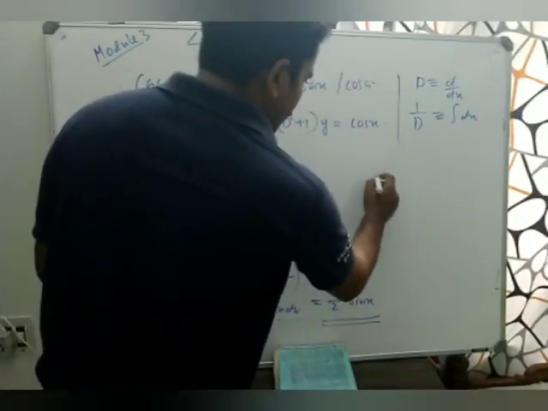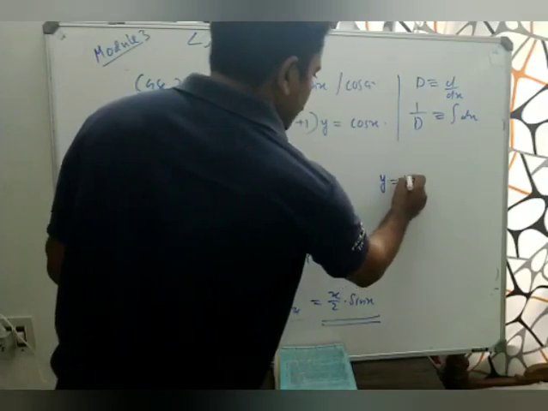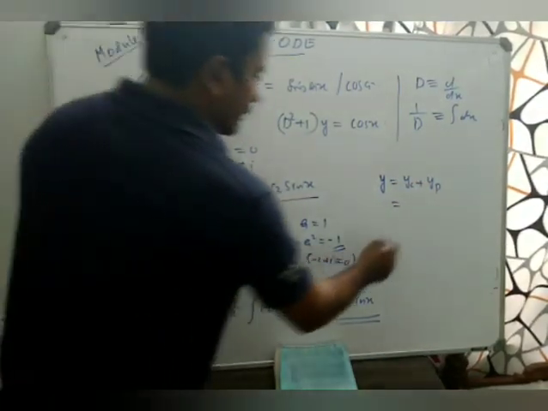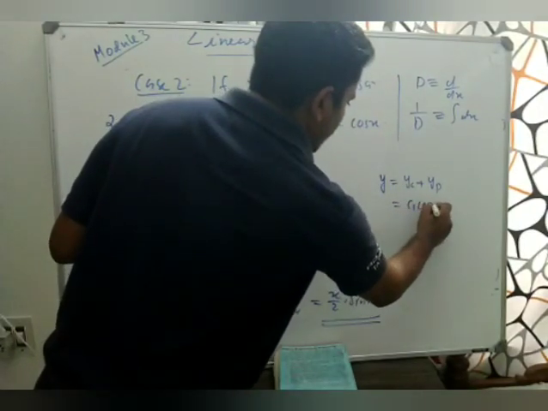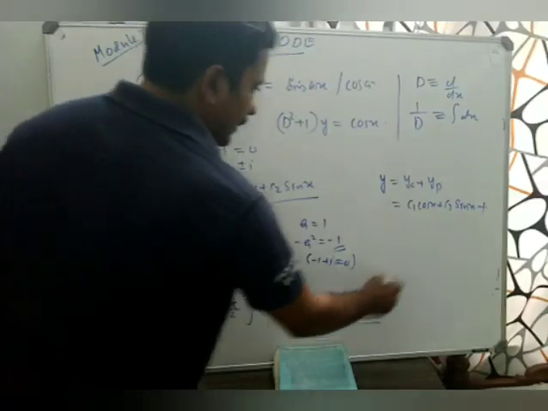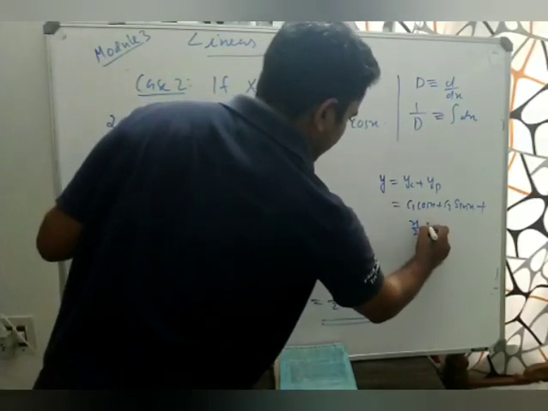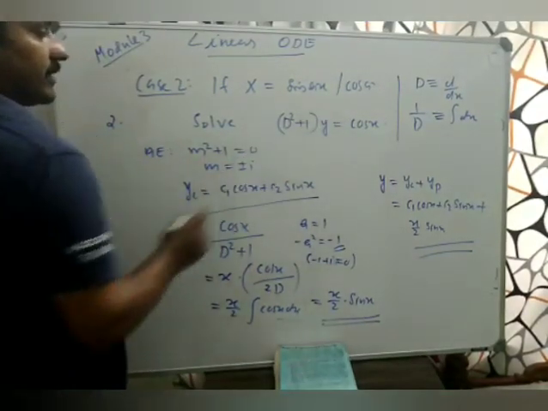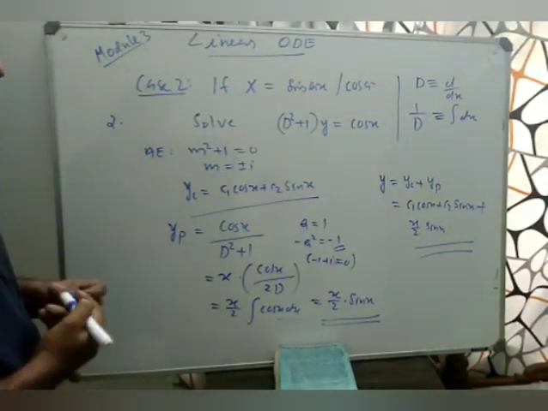So the solution, y is equal to yc plus yp, and yc is c1 cos x plus c2 sin x plus x by 2 sin x. This is the solution of this differential equation.